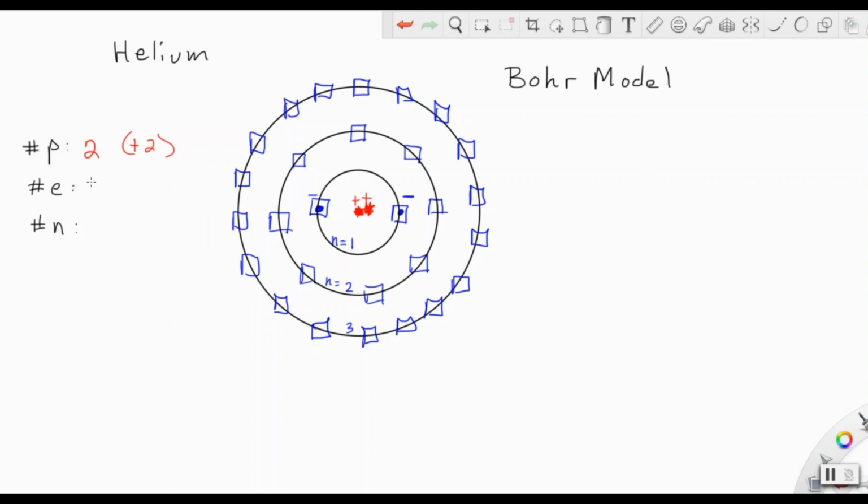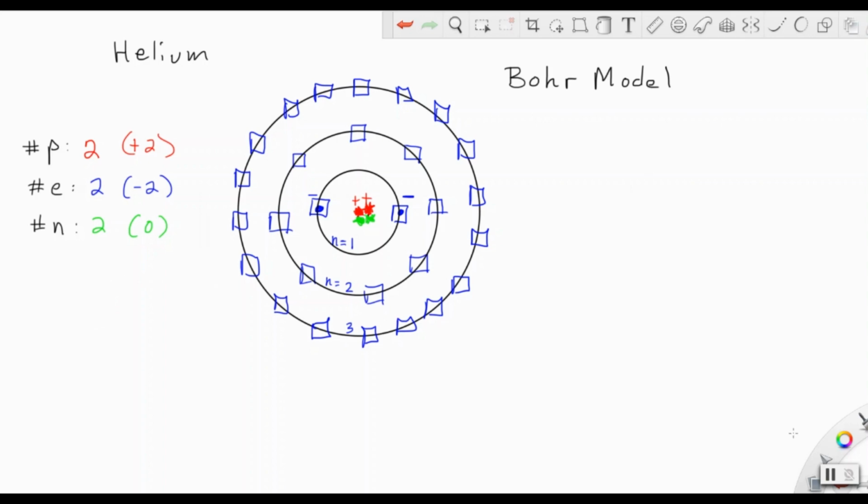So then it's going to have two electrons for a -2 charge. And then we also have something new that's going to occur for a helium atom. We actually have two neutrons with zero charge. So those do not add to the total charge, they just add to the total mass.